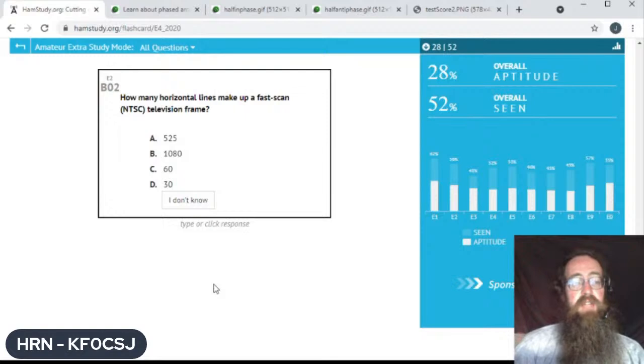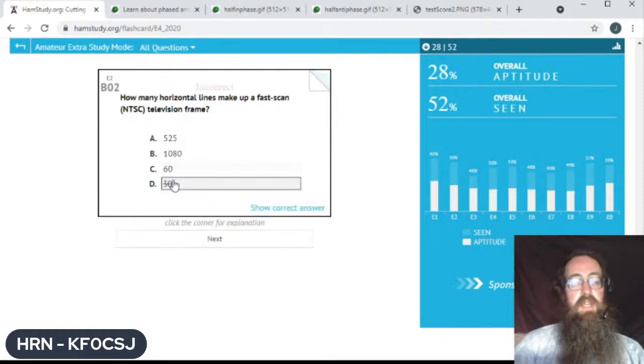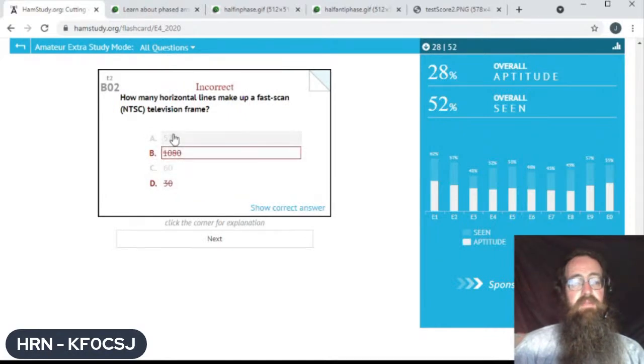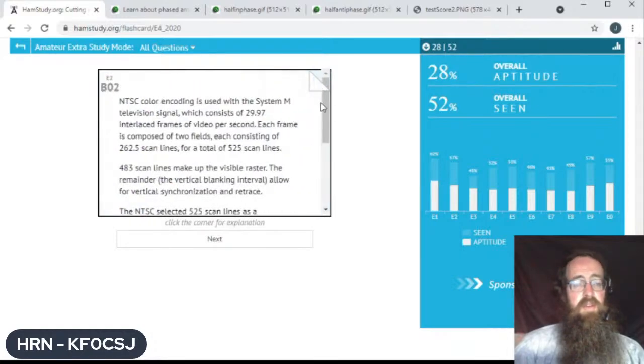How many horizontal lines make up a fast-scan NTSC television frame? And that would be 30, and it's a frequency. Okay. It's 30 frames per second.